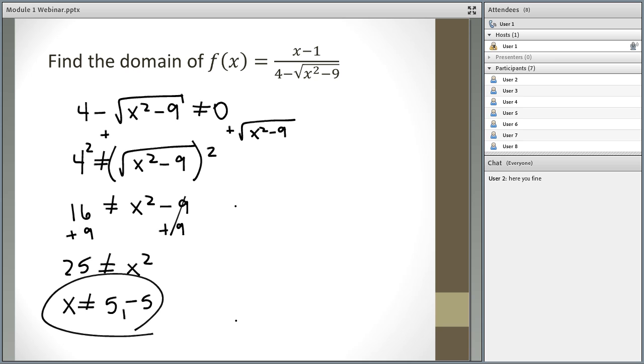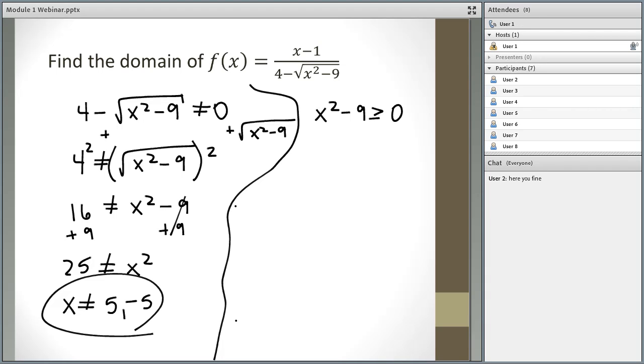The other situation that we have is we still have a square root, and I still can't have negative numbers under a square root. So I still have to take that into account. That means x squared minus 9 can be greater than or equal to 0.